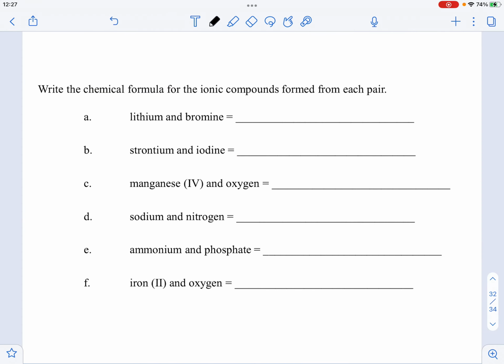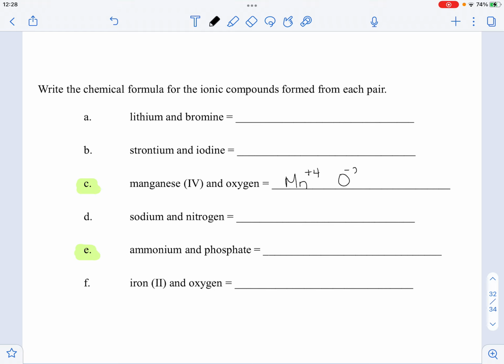Let's practice. For this, I'm going to do letter C and letter E. Here I have manganese, symbol Mn. The Roman numeral 4 tells me that I have Mn4 plus. I have oxygen. Oxygen lives in 6A.